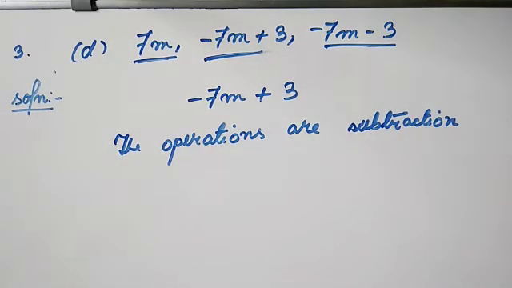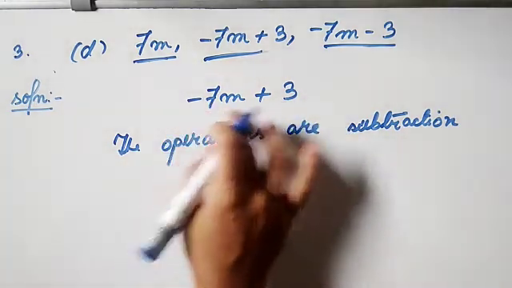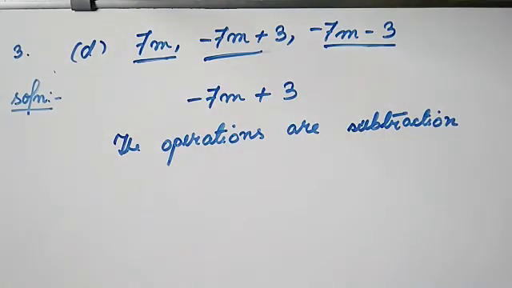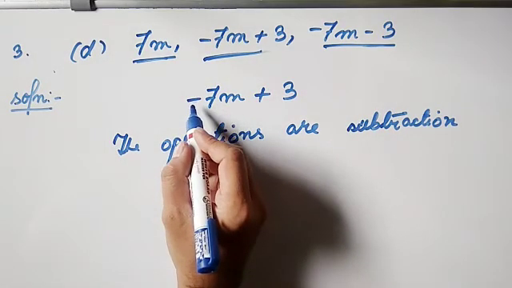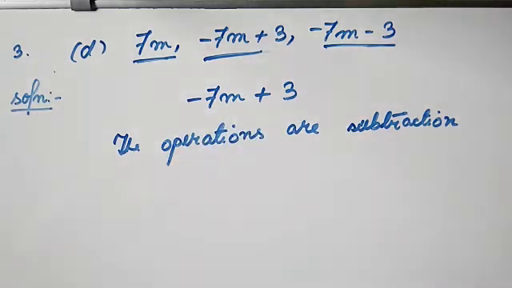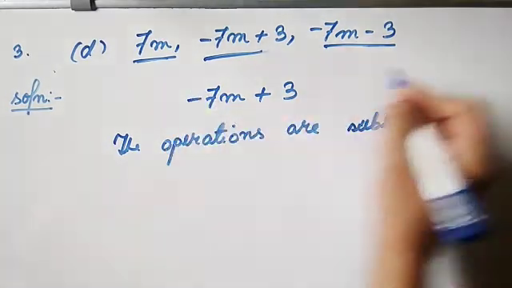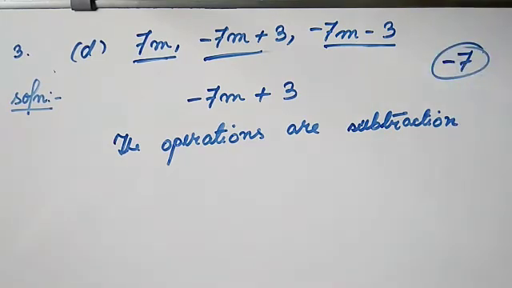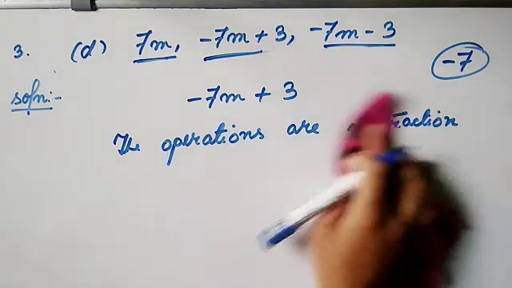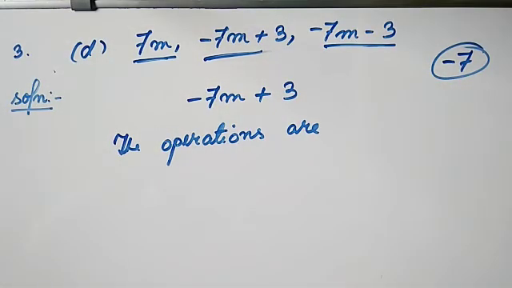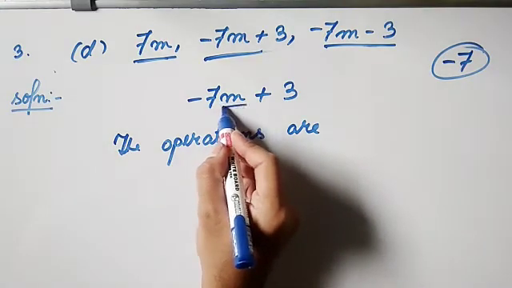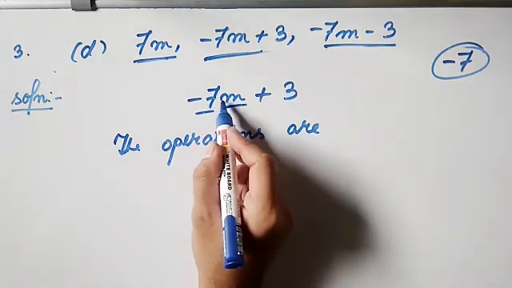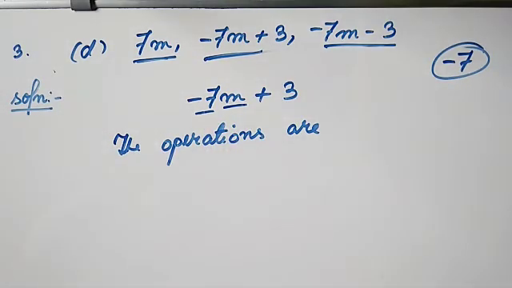Students, if you write the operation involved in this expression starting with subtraction, then your answer will be completely wrong. This minus is not the kind of operation involved in this expression. This minus is for the number minus 7. Understood? Minus 7. Between the variable m and the number minus 7, there is multiplication.